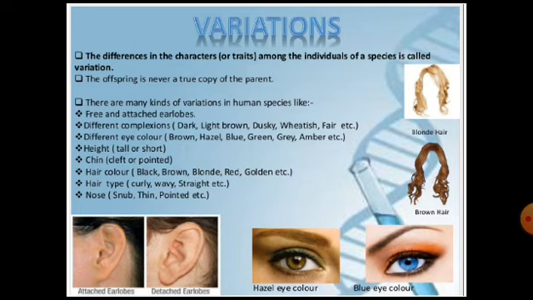Though the parents are the same, there are variations with respect to certain external as well as internal characters, such as hair color, way of speaking, height, complexion, etc. Thus, the offspring is never a true copy of a parent.